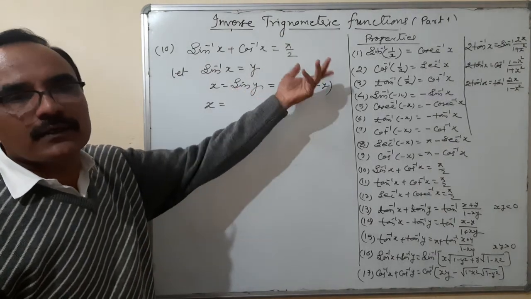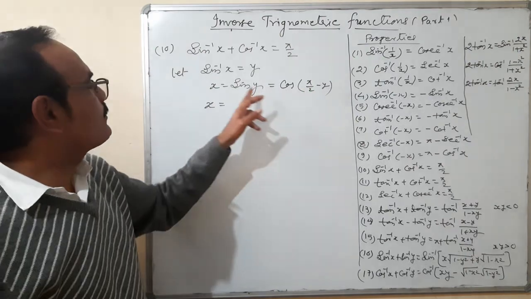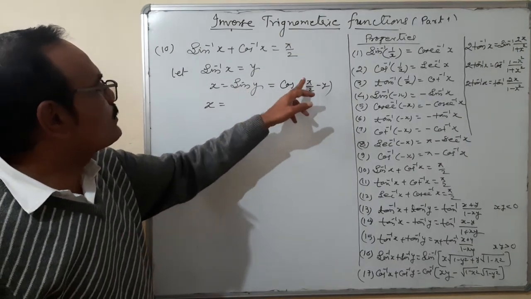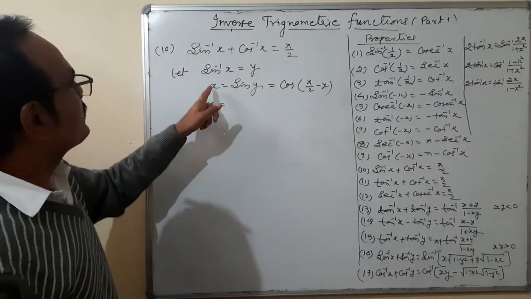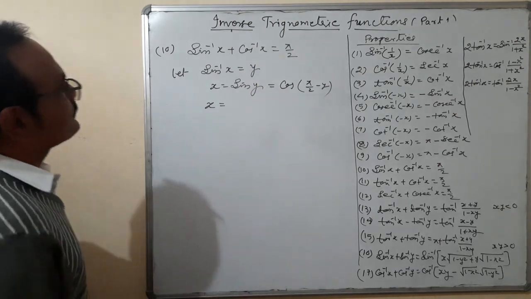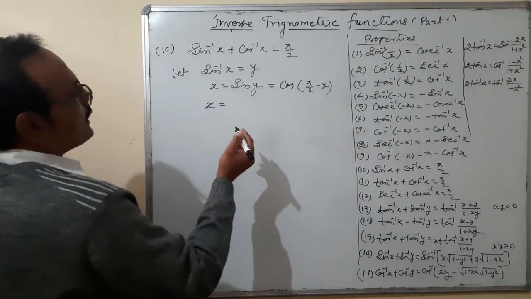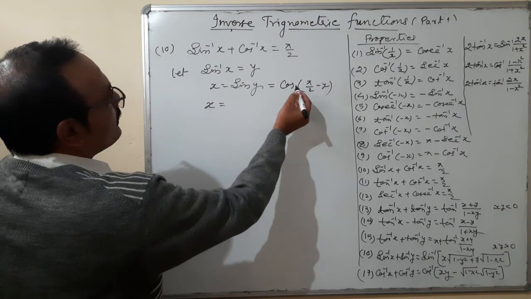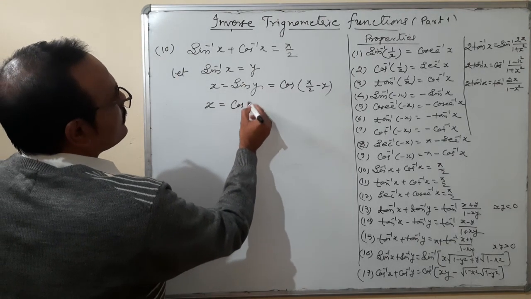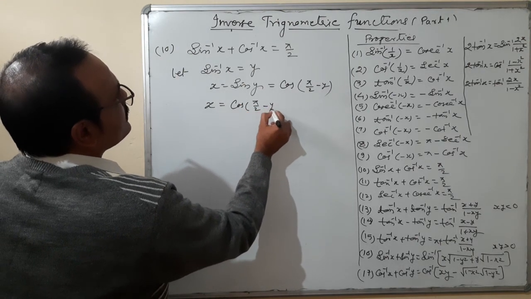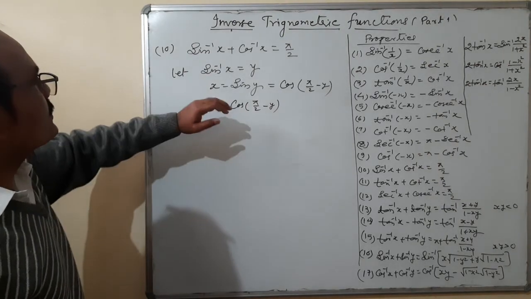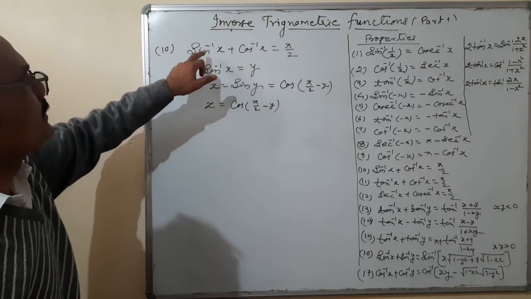In the first quadrant all trigonometric terms are positive. So sine y is equal to cos of pi by 2 minus y. So x is equal to sine y and x is equal to cos of pi by 2 minus y.